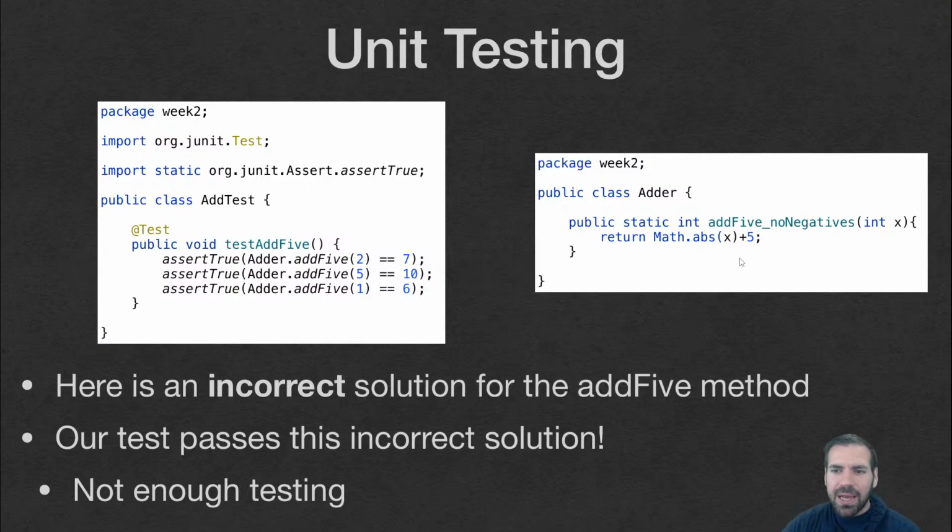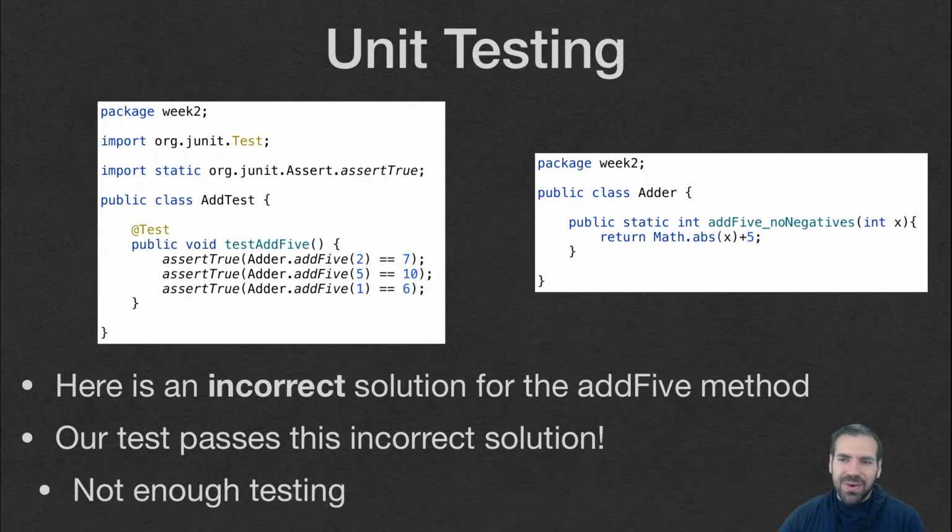They're going to do some wacky stuff like this. They're going to take the absolute value of x and then add 5, because I don't know why somebody would do this, but they might. You might have some intern on the team who's like, "Oh, I'm gonna do this wacky thing," and then this code is wrong. This implementation of add5 is wrong, but it passes our tests. Our tests on all 3 of these test cases that we have, it passes.